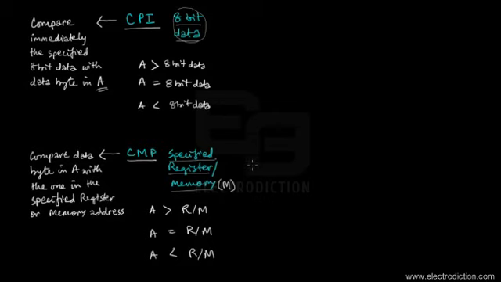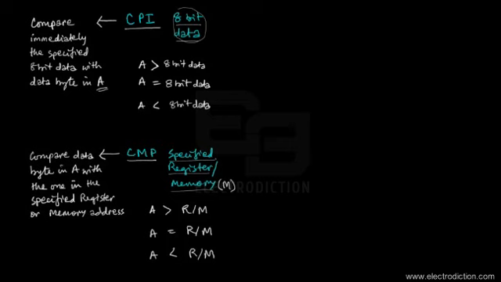So the CMP command stands for compare the data byte in the accumulator with the data byte present in either the specified register or in the corresponding memory location stored in the HL register pair.